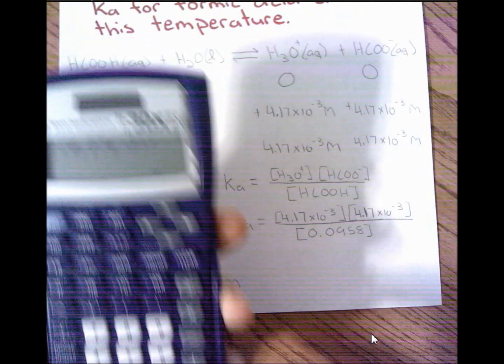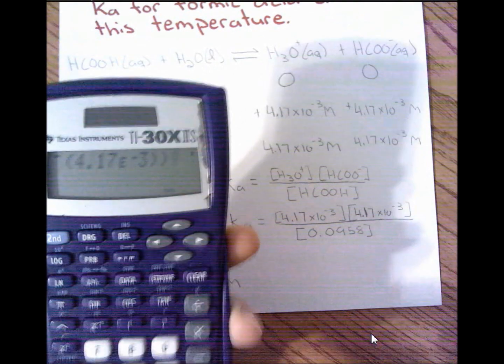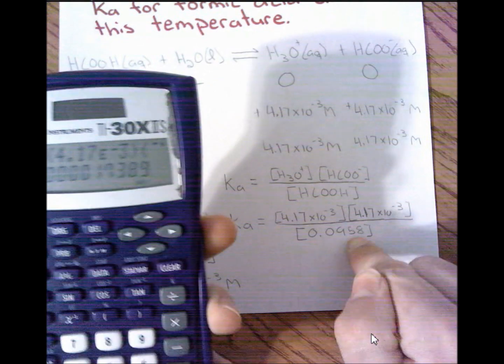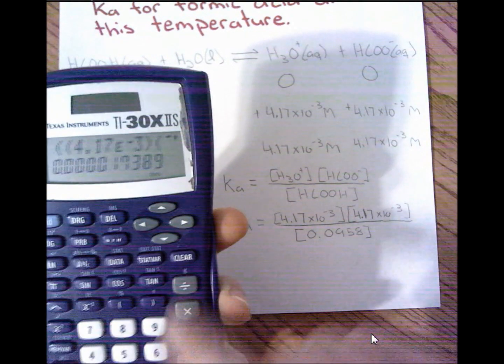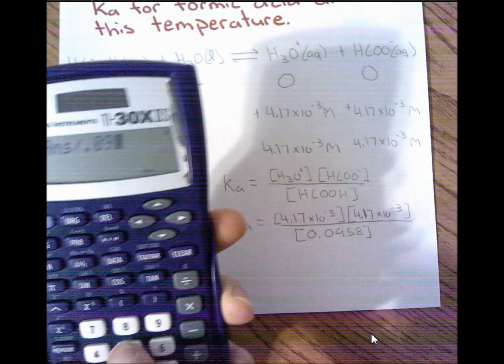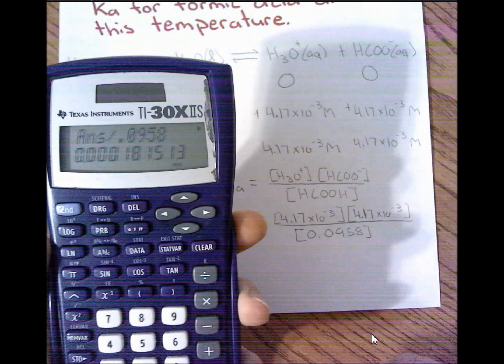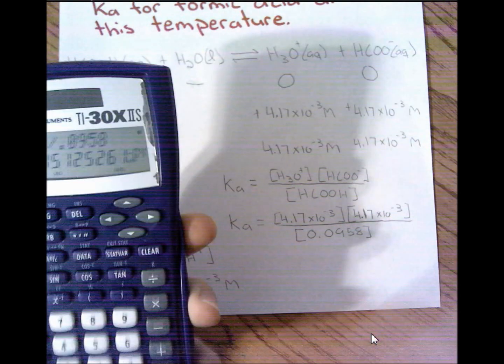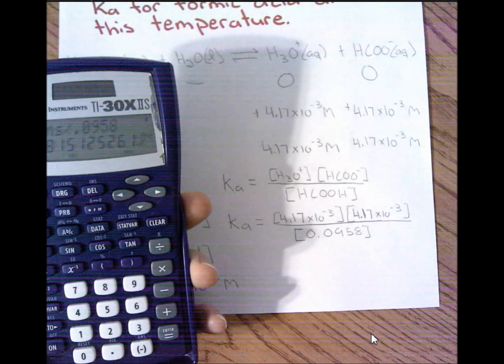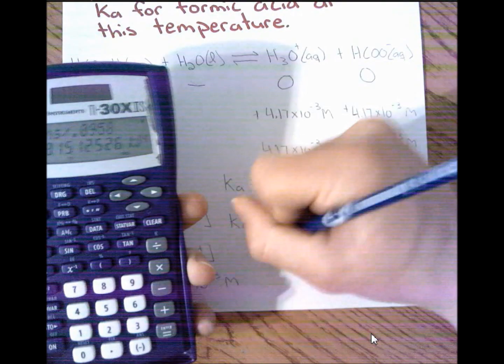0.0958. And when I get that, my Ka value of formic acid to 3 total digits, Ka is 1.82 times 10 to the negative fourth.